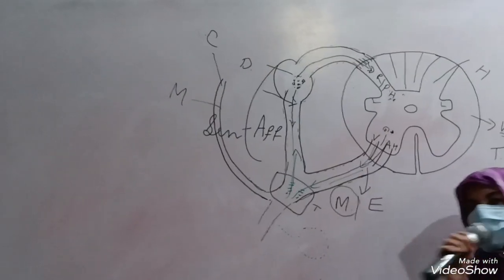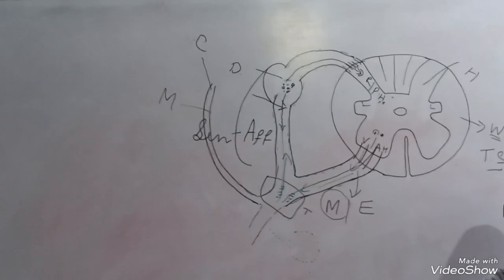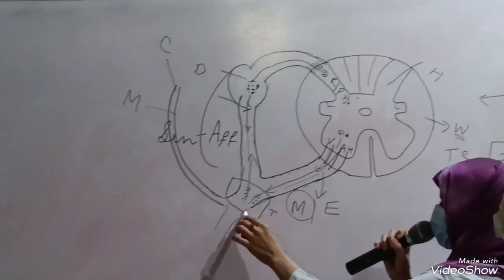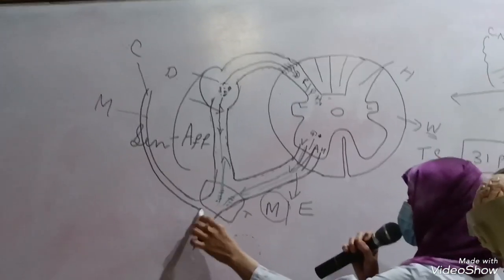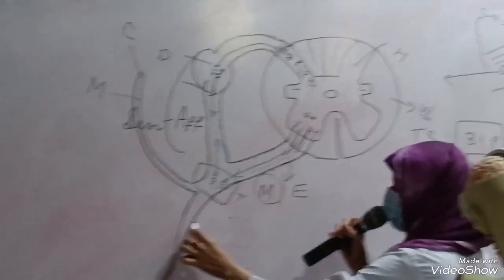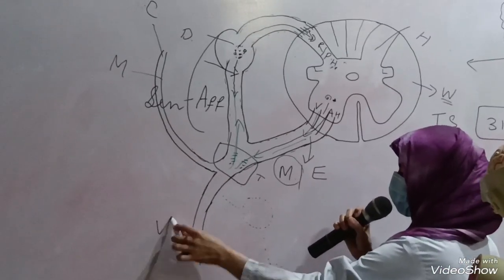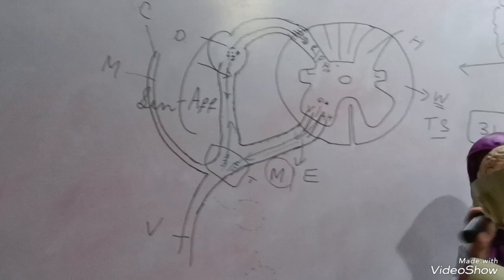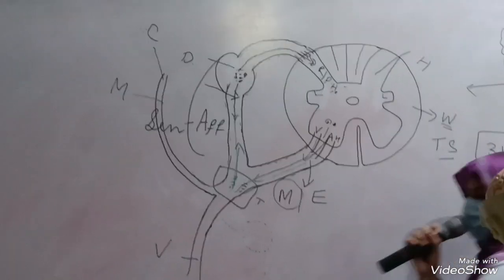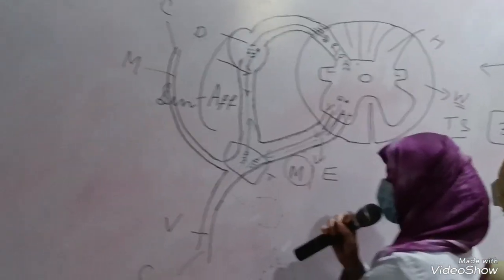Right? Means covering your skin and the muscles. Okay? What happens to this thicker portion? This becomes the ventral ramus. Right? It also gives rise to cutaneous branches and muscular branches.